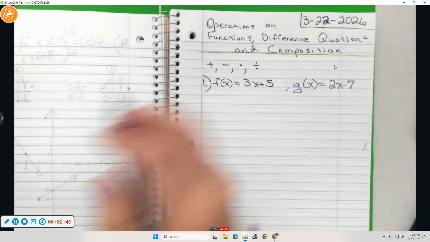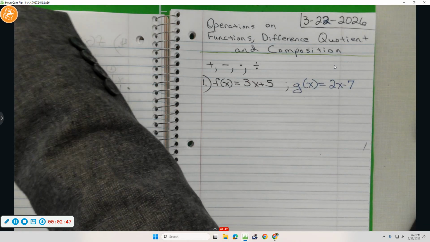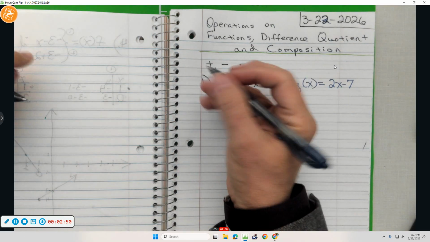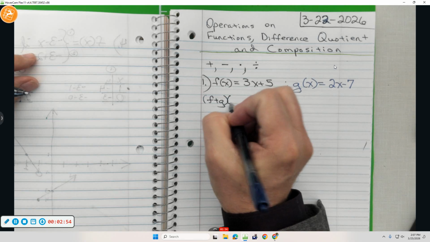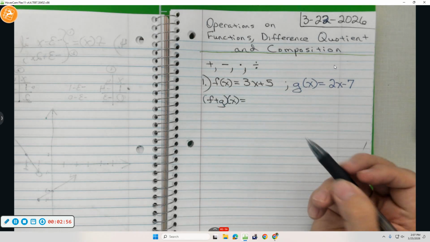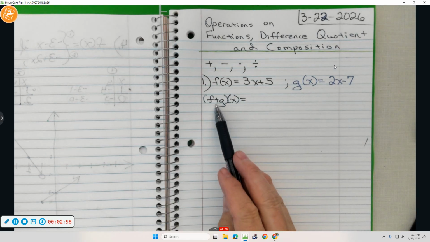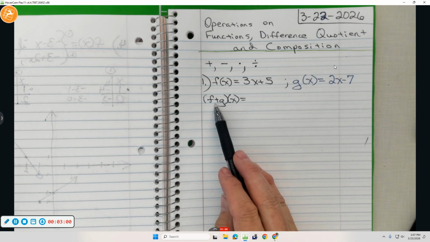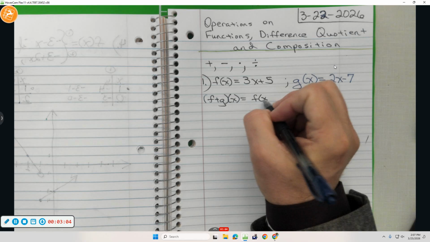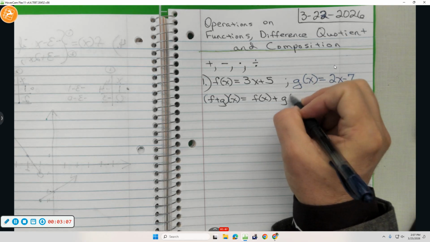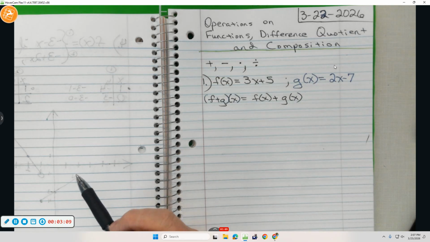First of all, f plus g. F plus g in terms of x. This notation is what's new. All that means is you take f of x and you add g of x to it.